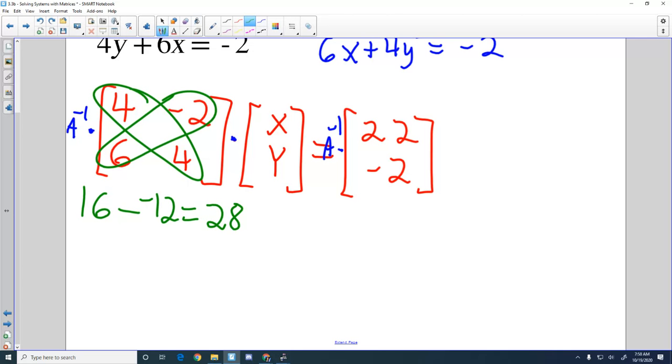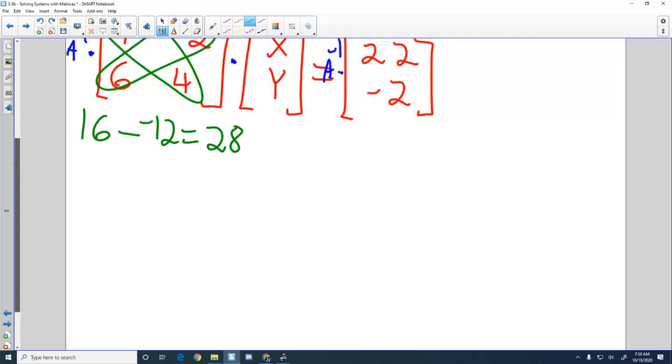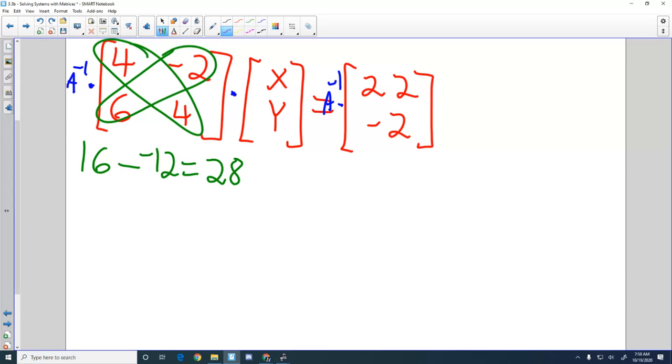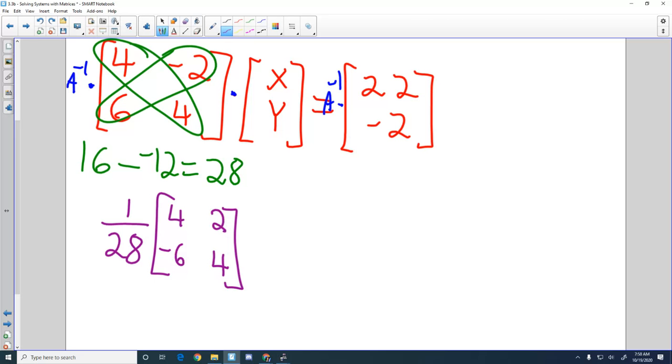So this inverse matrix is 1 over 28. And then we're going to do the little rearranging of those 4 elements. Take the first term and the last term, switch their positions. They're both 4 in this case, so that doesn't really matter. And then the negative 2 and the 6 stay put, but you change both of their signs. Negative 2 becomes positive 2, positive 6 becomes negative 6.